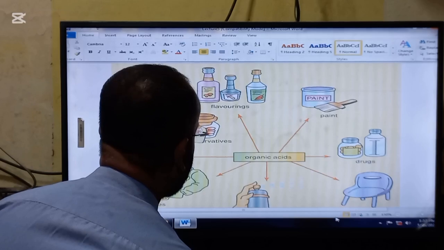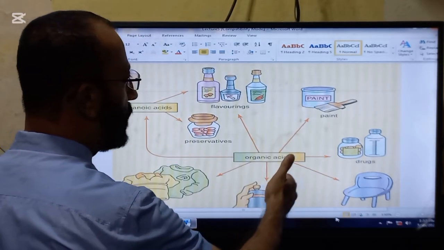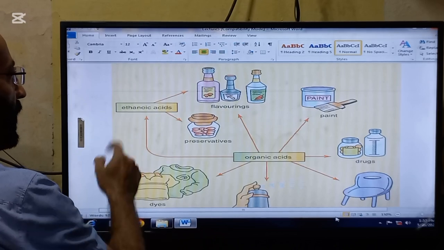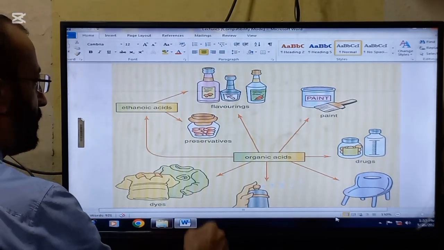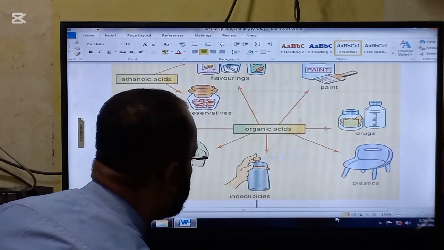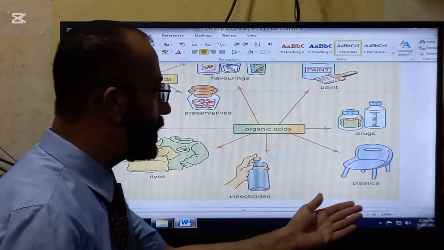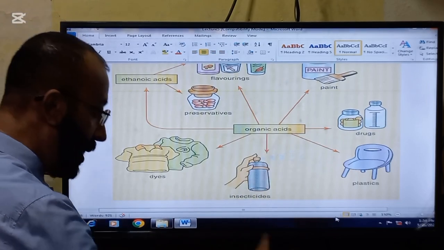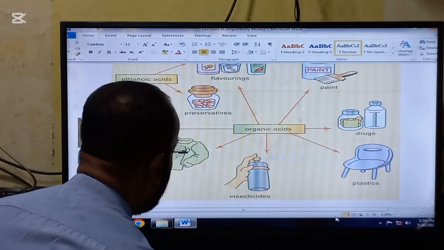And here is a figure. Organic acids are used in paints, flavorings, ethanoic acid, preservatives, dyes, drugs, insecticides, plastics, etc. There are a lot of the uses.